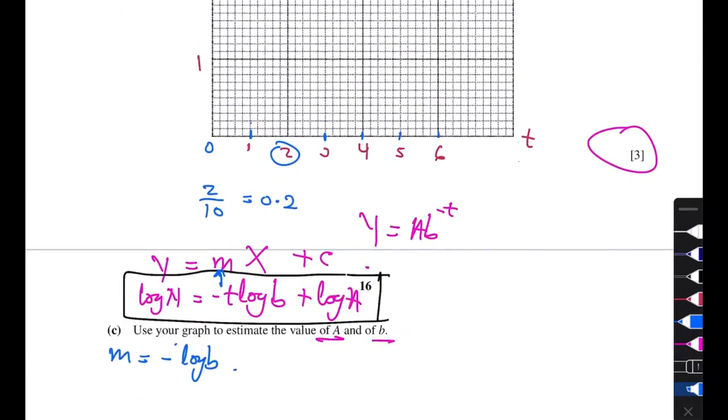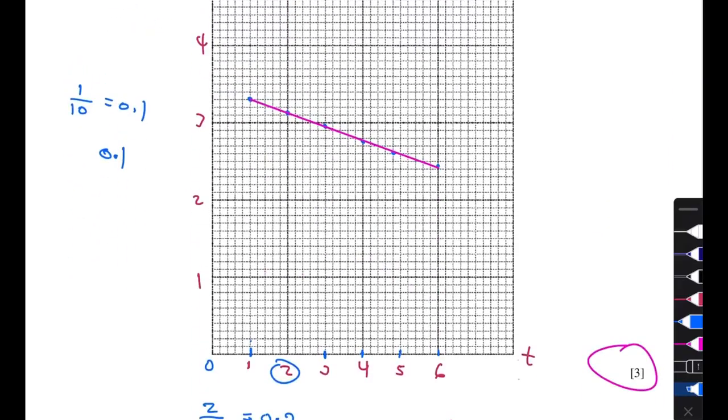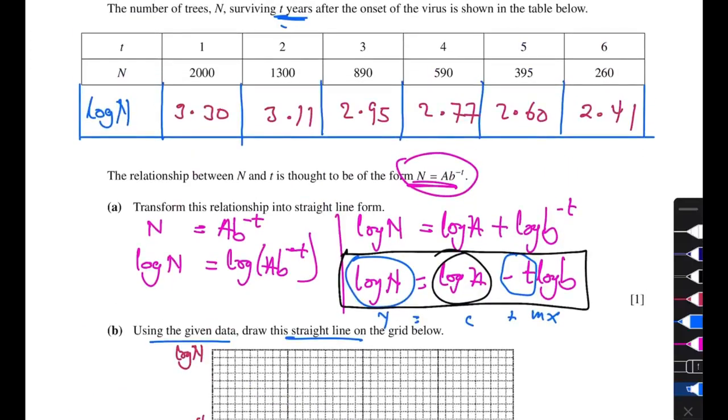Even though they have stated use your graph, don't waste your time worrying about how to read these values again, because you got the graph from this table. So get two numbers, maybe 1 against this, and then I'll also work with 5 against 2.6. You can choose any two numbers, basically. Let me copy this and use it down there.